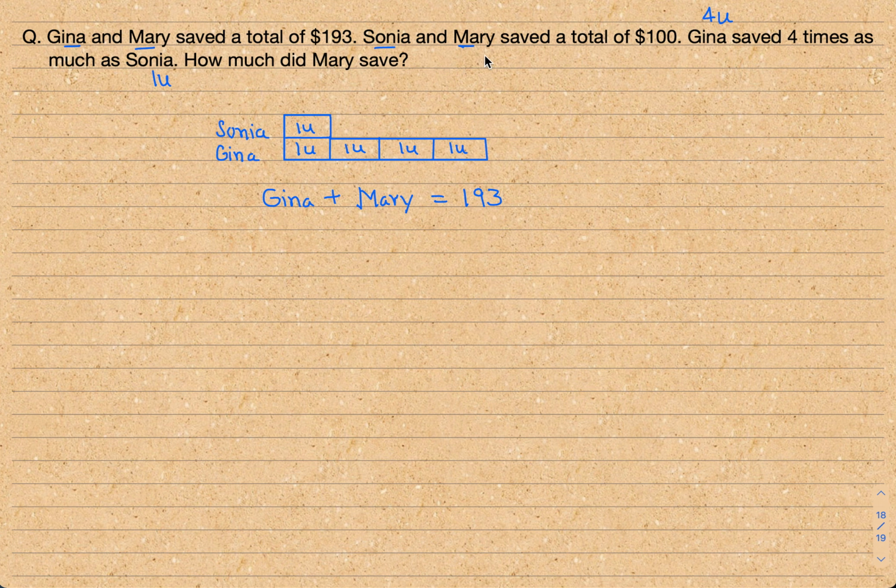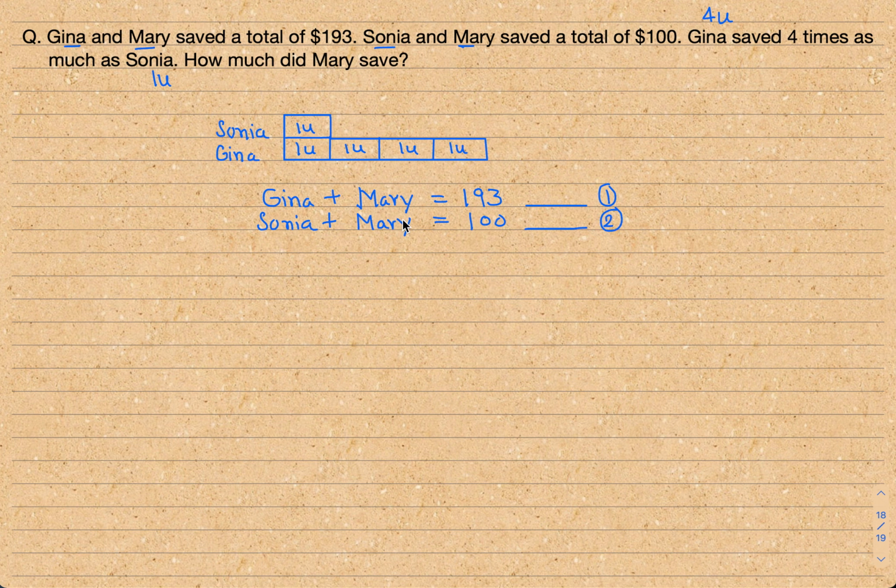And then Sonia and Mary together have $100. So let's write that also: Sonia plus Mary is equal to $100. So let's say this is our equation 1 and this one is our equation 2.